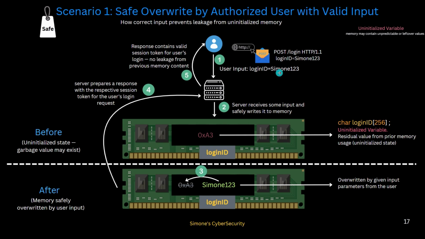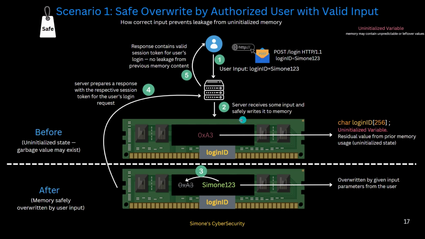What matters is that the user has provided some value to this login ID parameter. The user has not left this login ID field empty. So, even if it's an invalid or incorrect username, or maybe some random string of letters, what is important is that some input is provided in the request by the user to the server. So in step 1, the user sends this input to the server.